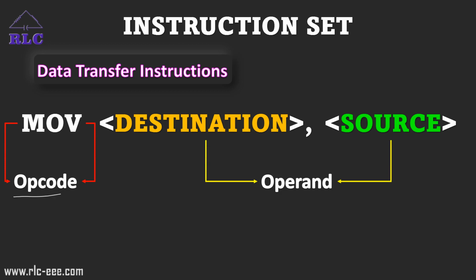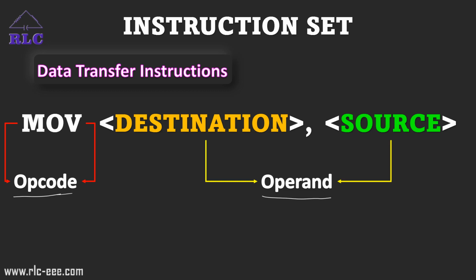The opcode is designed at the time of manufacturing. It is a hardware design. We cannot change it. If we want to change the opcode, we need to change the hardware design itself. Whereas an operand is like a variable where the data will be stored.